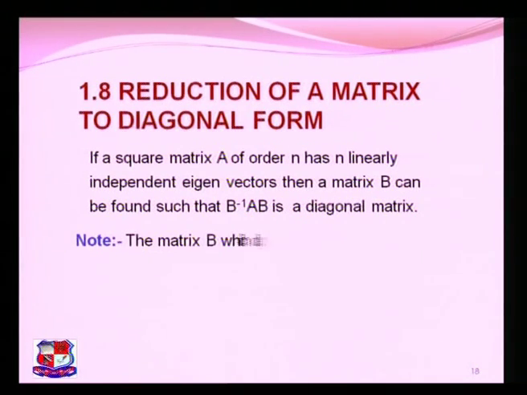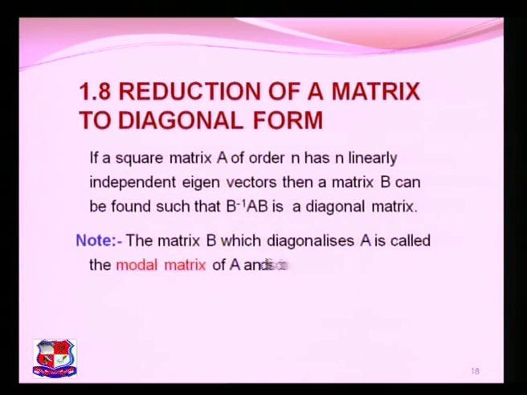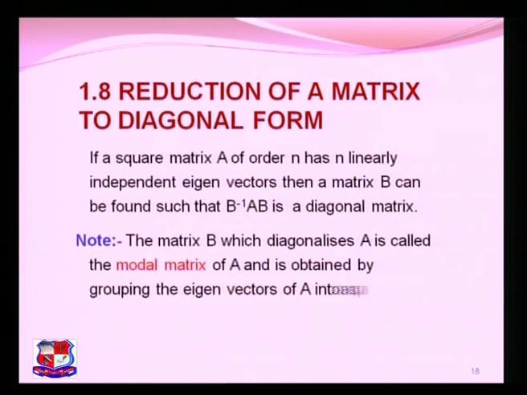Note the matrix B: the matrix B which diagonalizes matrix A is called the model matrix of A, and that is obtained by grouping the eigenvectors of A into a square matrix.